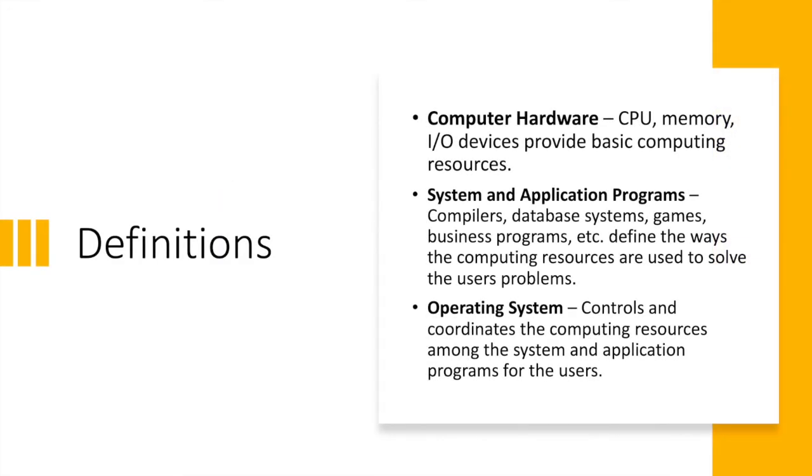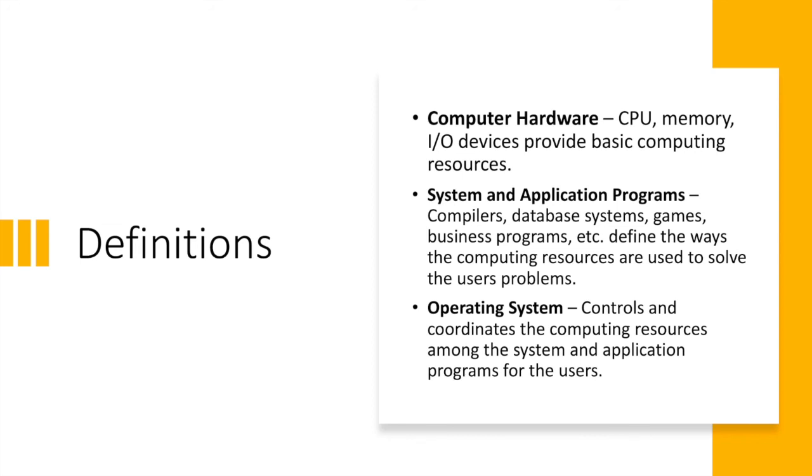Let's look at these definitions a little bit. First, the computer hardware: these are the CPU, memory, and input output devices which we connect with our computers. All of these are hardware which we can feel and touch. Next is system and application programs. What are they?